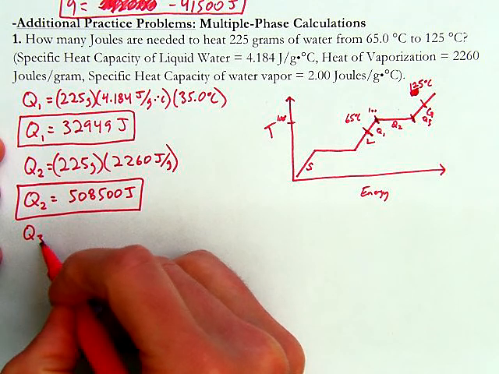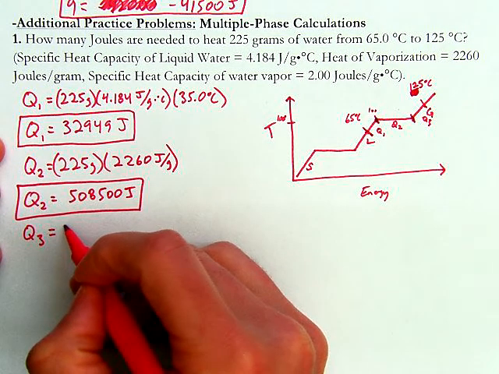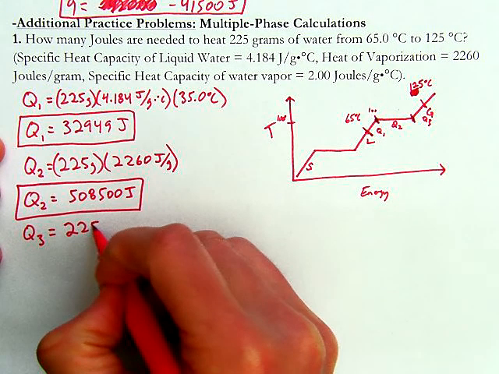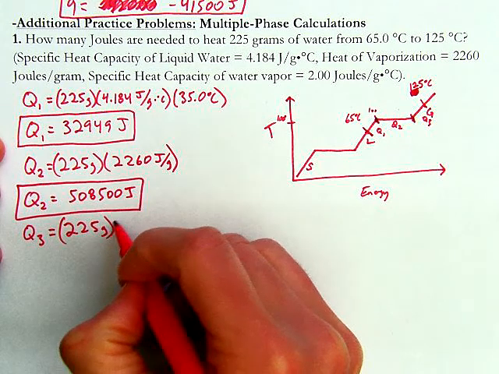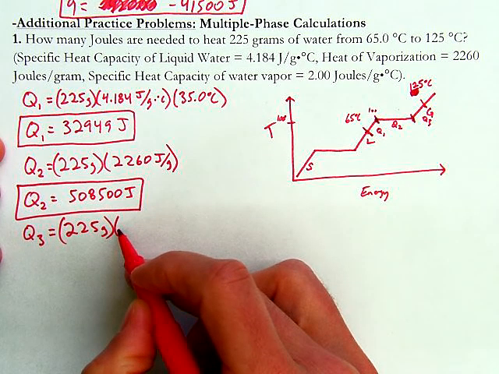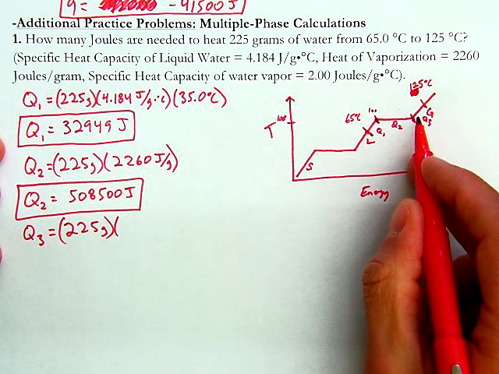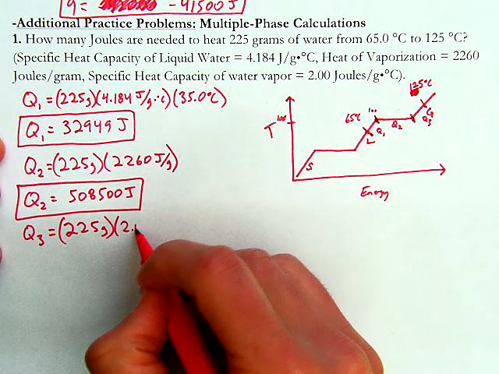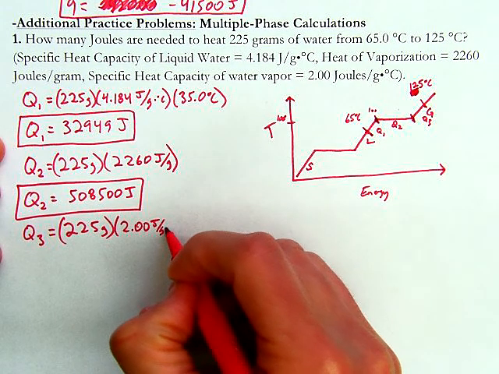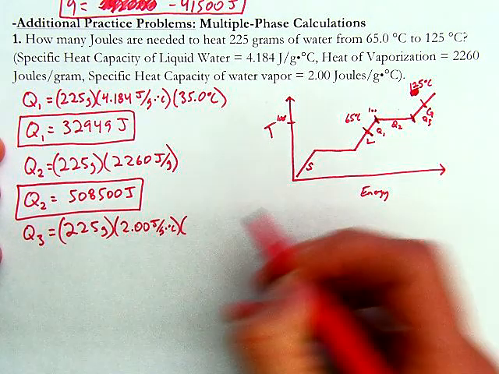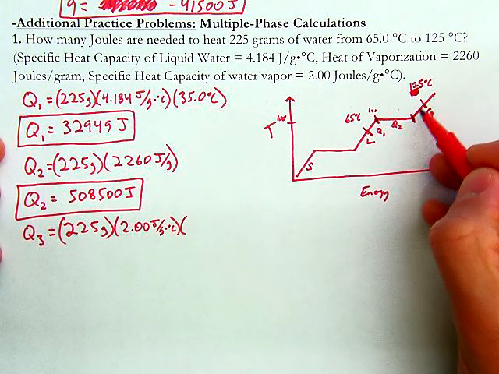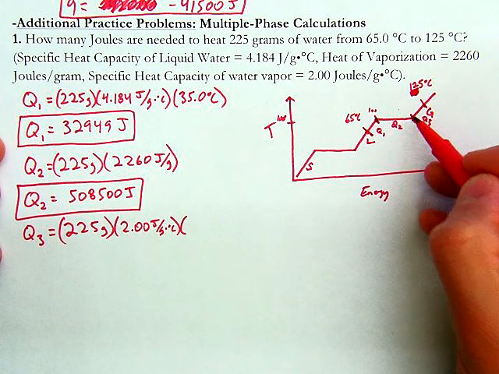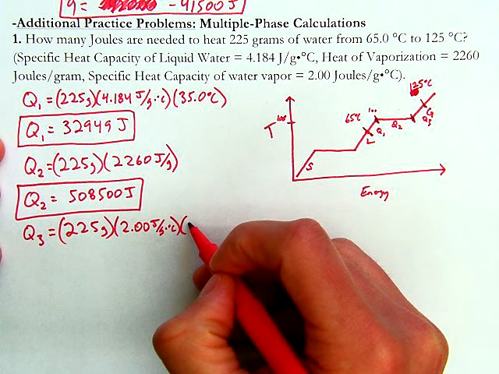This is Q3. It's Q equals m c delta T. 225 grams. Now the specific heat capacity is of water vapor because we're now in the gas phase, so that is 2 joules per gram degree Celsius. And our temperature change is final minus initial, so 125 minus 100, which is 25.